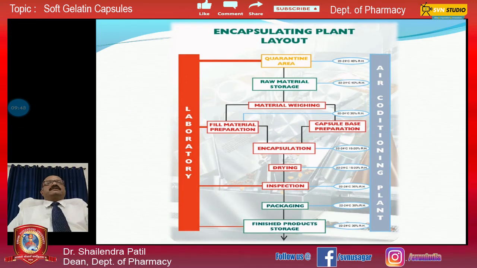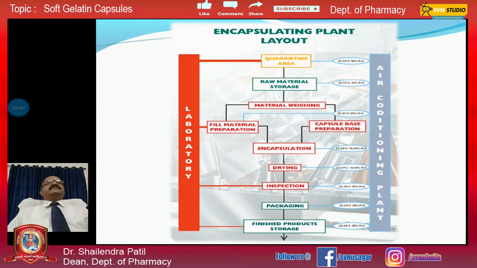Here you can see the layout of an encapsulating plant; broadly, the various sections are depicted in this diagram. Laboratory, and you can see that the air conditioning plant is to the left side of this one.